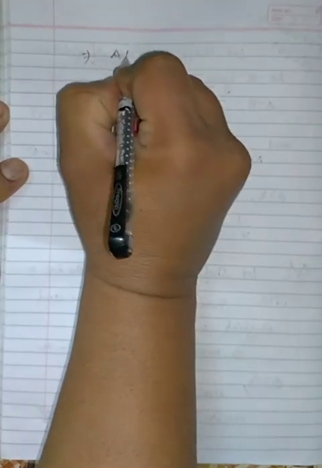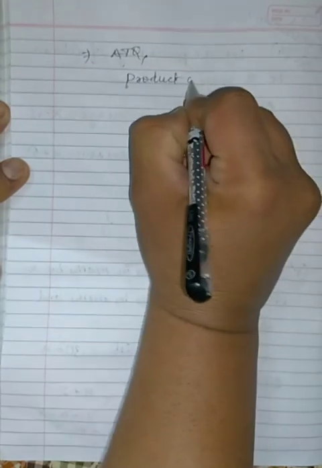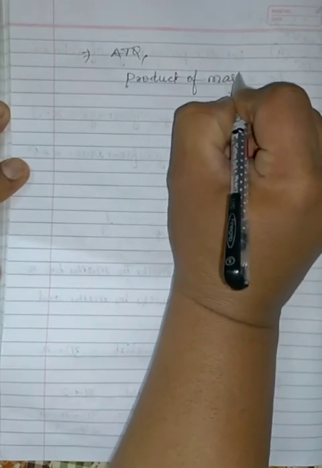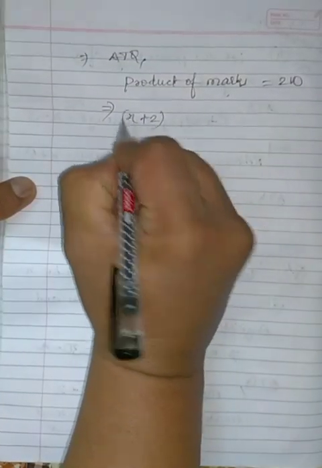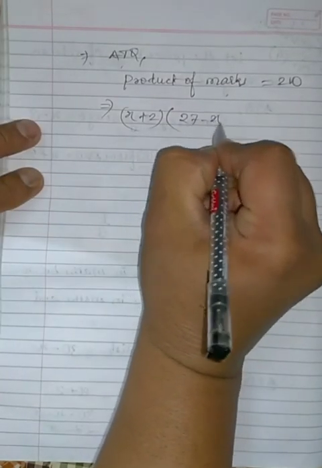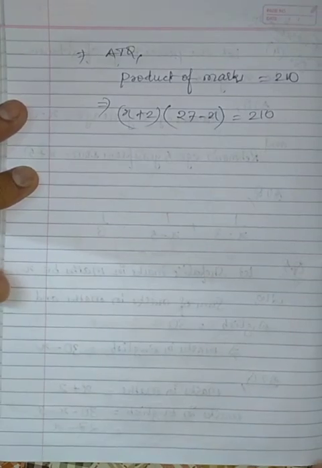According to question, that implies product of marks is equal to 210. So marks in maths we have x plus 2, and marks in English we have 27 minus x is equal to 210.